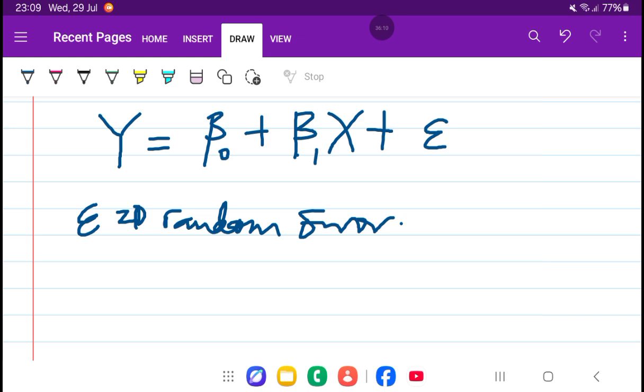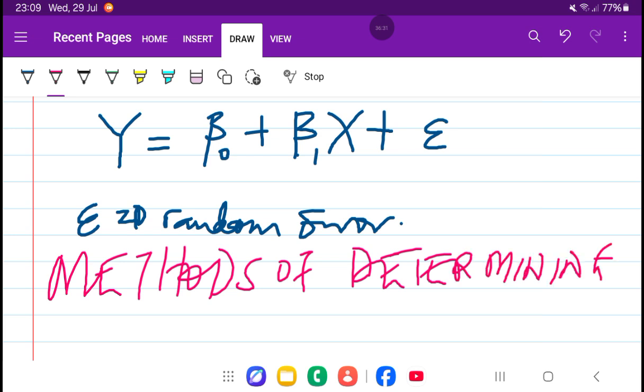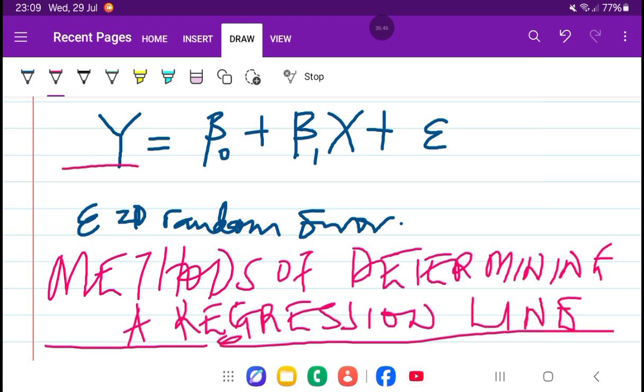Of course, now I want us to look at the methods of determining a regression equation or a regression line, because we are always interested in having this line.